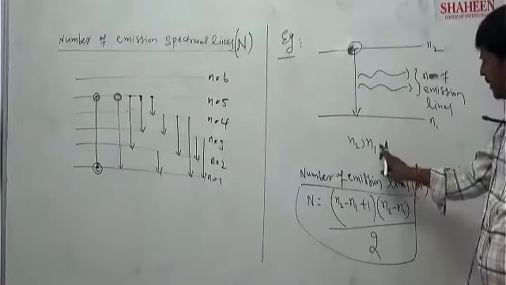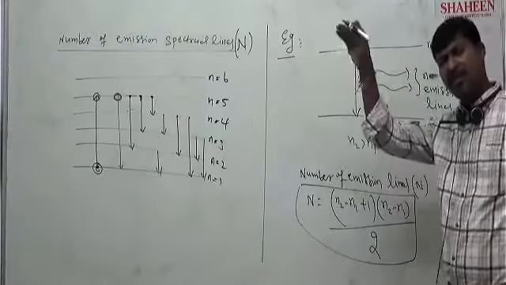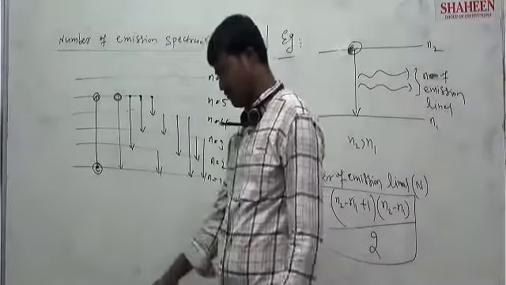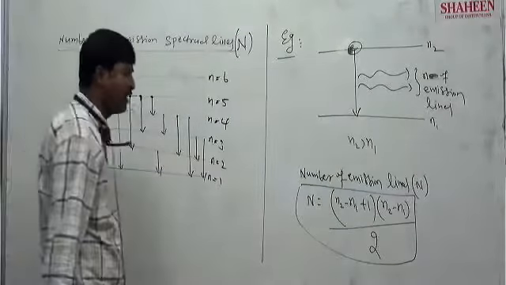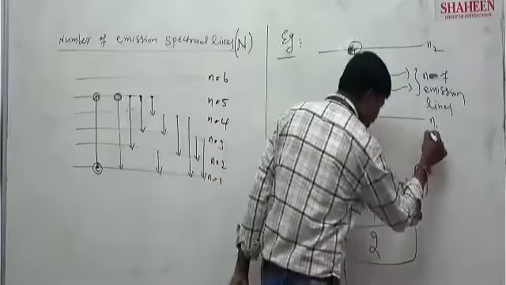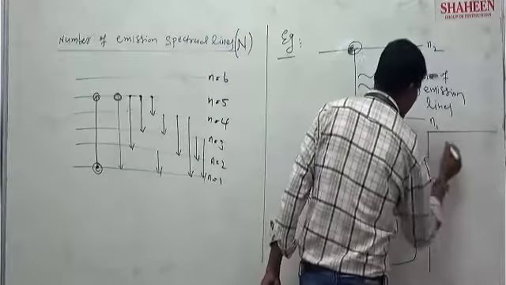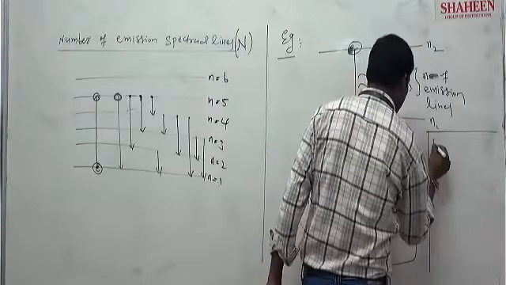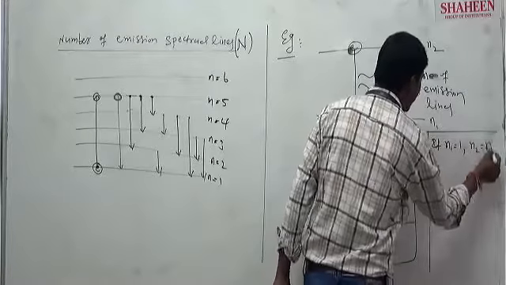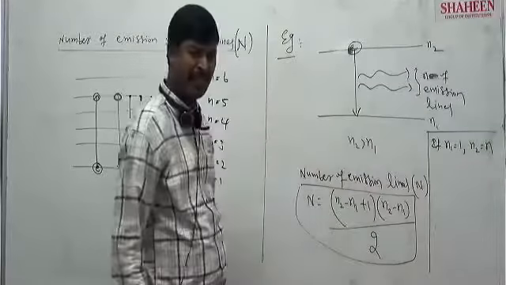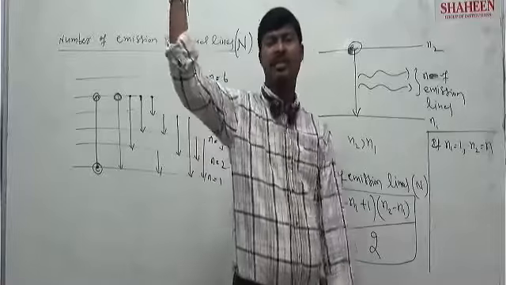Suppose N1 is the ground state only. If N1 is ground state 1 and N2 is any higher energy state, that means the transition is from any higher energy level to the ground state.